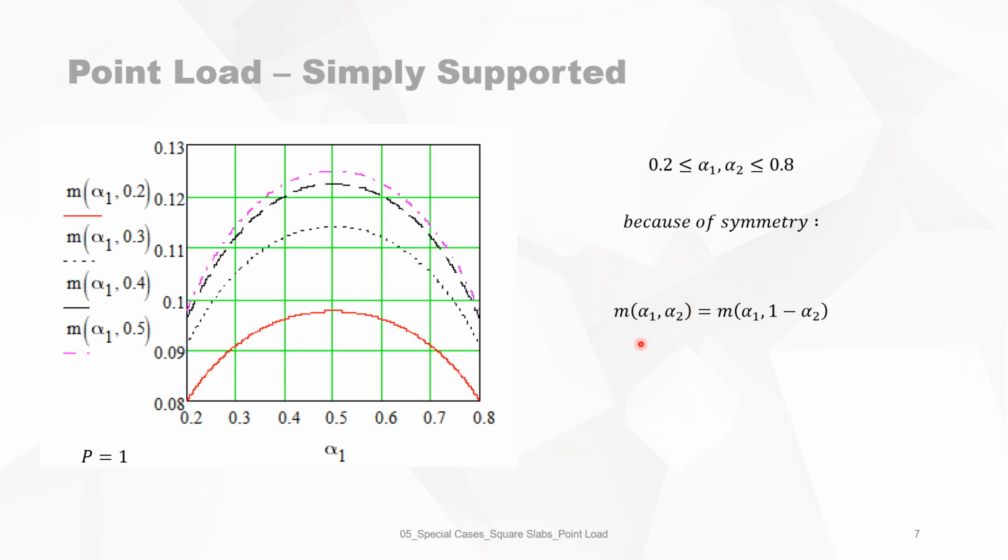So it's the same value for the bending moment because of the symmetry of the square slab. The bending moment m(alpha 1, alpha 2) is equal to m(1 minus alpha 1, alpha 2), or you can interchange alpha 1 and alpha 2, so it does not make any difference. That's why we only have the 4 curves like here, because m for alpha 1 of 0.8 is exactly the same as m for alpha 1 of 0.2.